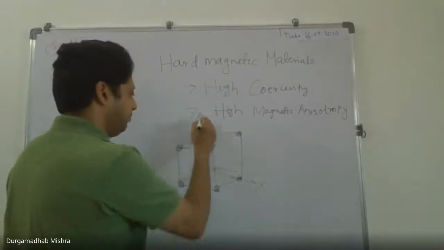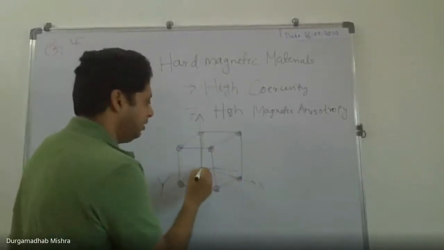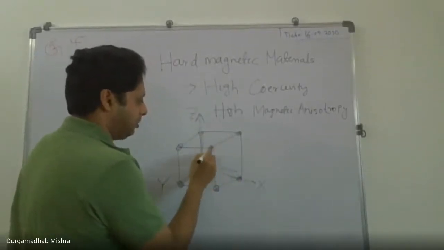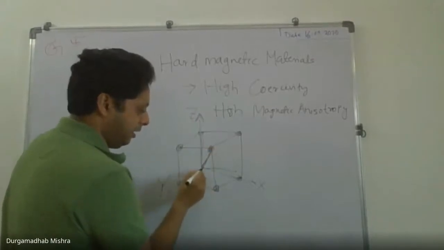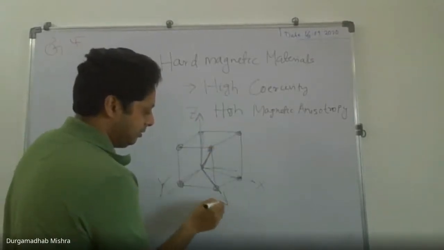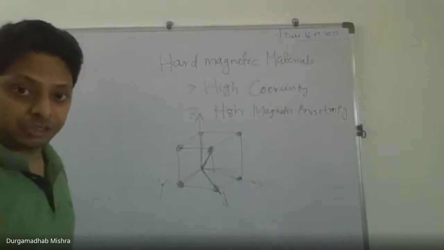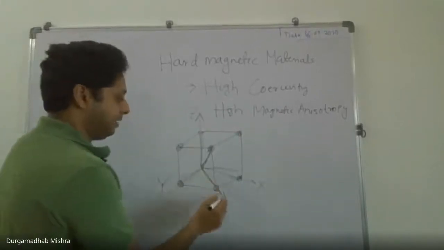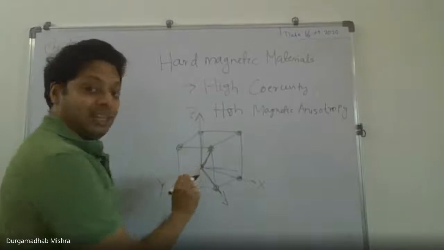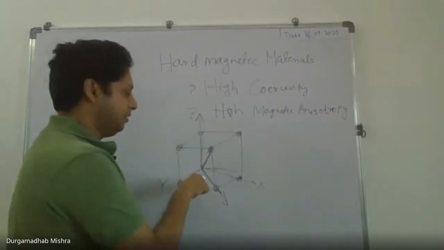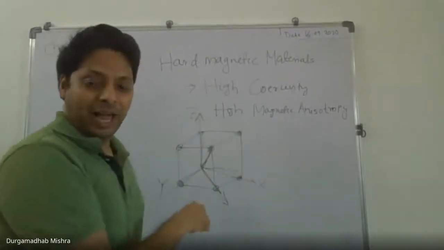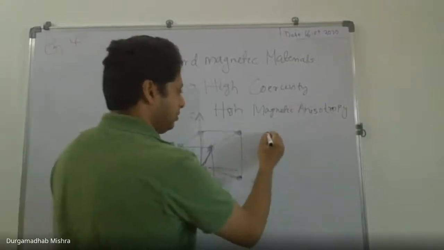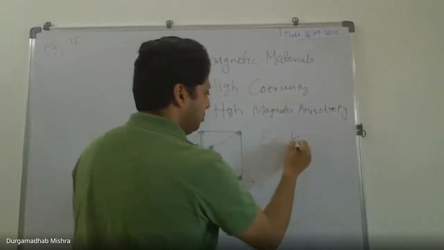It could be X, Y, Z, or some diagonal like this, or any. These are the possible directions in the crystal, and the magnetization would prefer to lie along one of these directions.